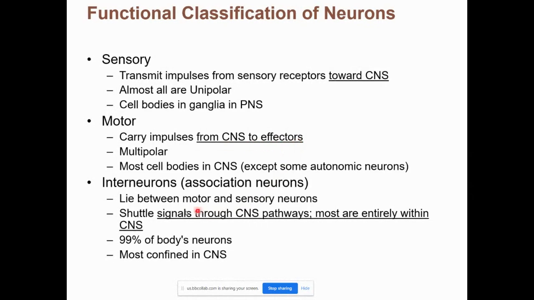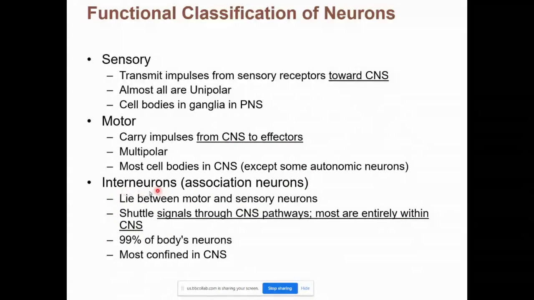But then you have neurons entirely within the central nervous system. Those are called interneurons, sometimes association neurons, but we'll use interneurons. So they're mostly, we could say 99%, inside the central nervous system. They're the ones that are making the decision. If you remember that picture with the cup of water, sensory going in, then it says integration, right?